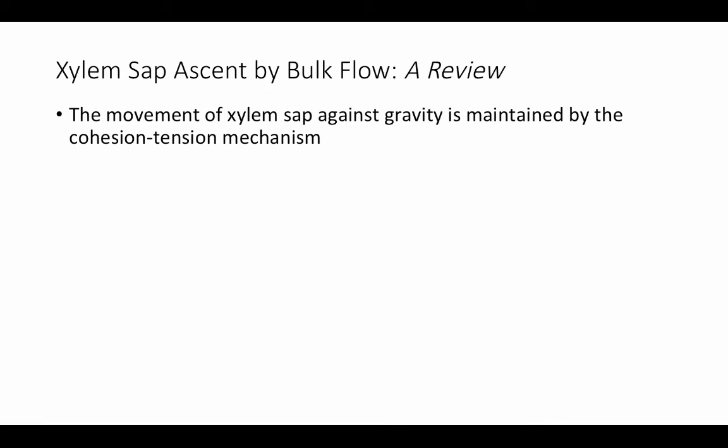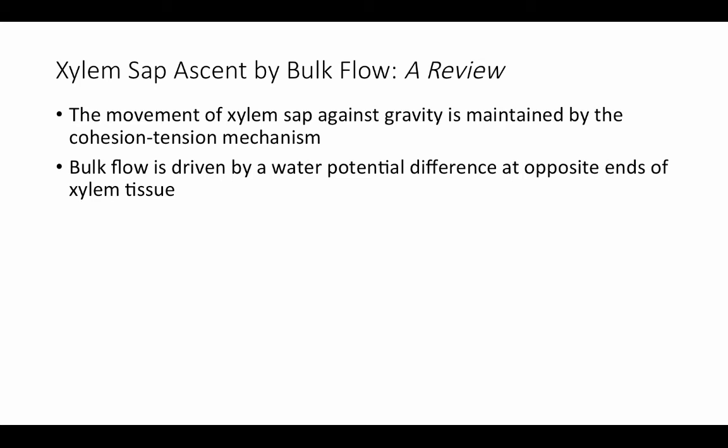So the movement of xylem sap against gravity is maintained by the cohesion-tension mechanism. So it does not require any energy on the part of the plant. So bulk flow is driven by a water potential difference at opposite ends of the xylem tissue, from the maximum water potential down in the soil to the minimum water potential up in the atmosphere.